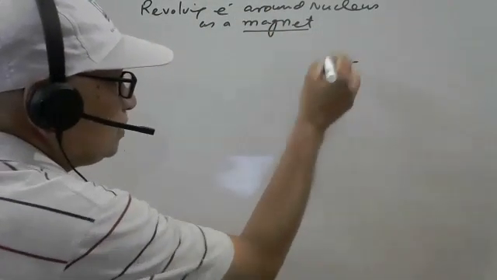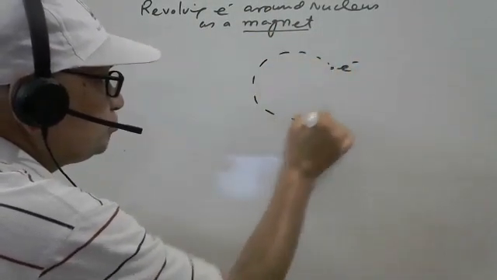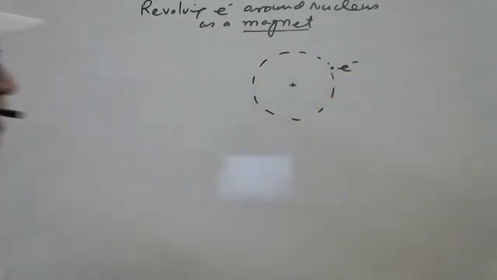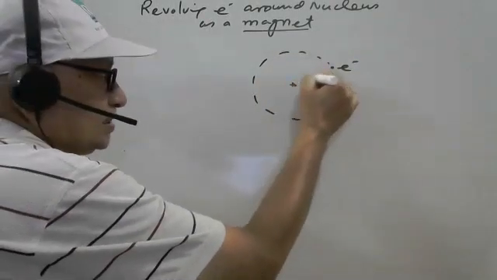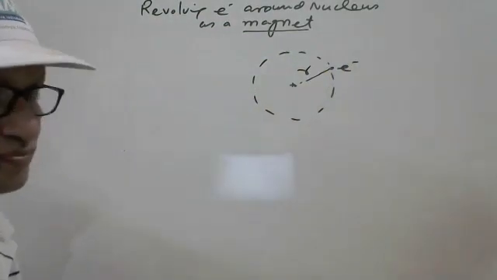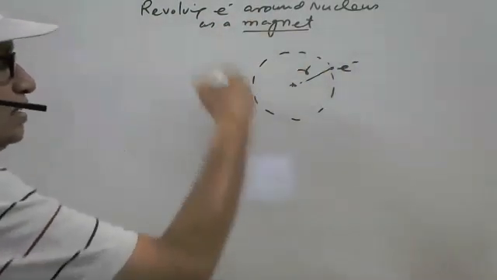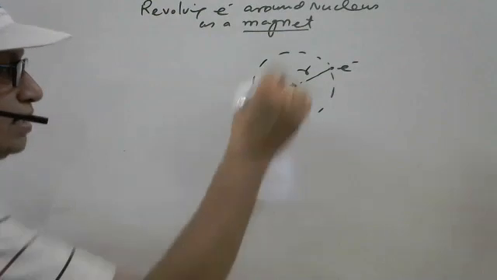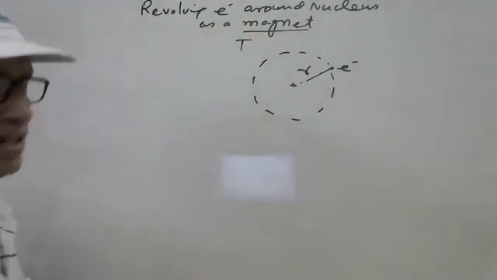Let us discuss this. Suppose this is the electron here, and at the center this is the positive charge. Let this be the radius r, and the time taken for one circular motion, one cycle, let us say this is the time period T.